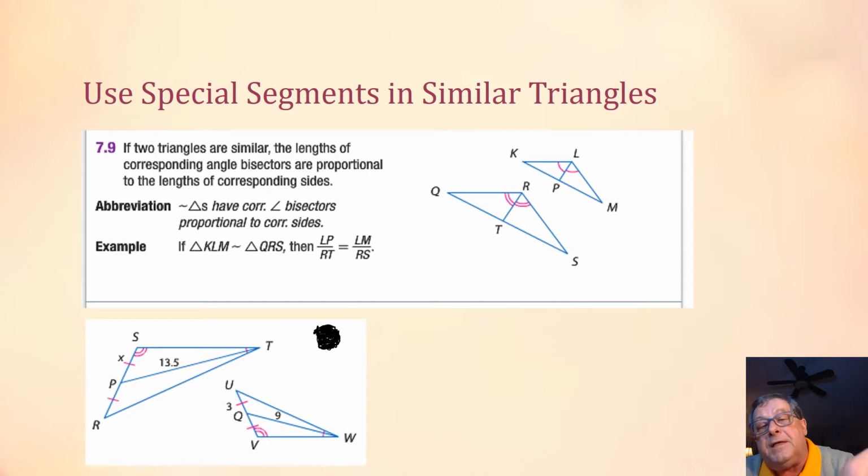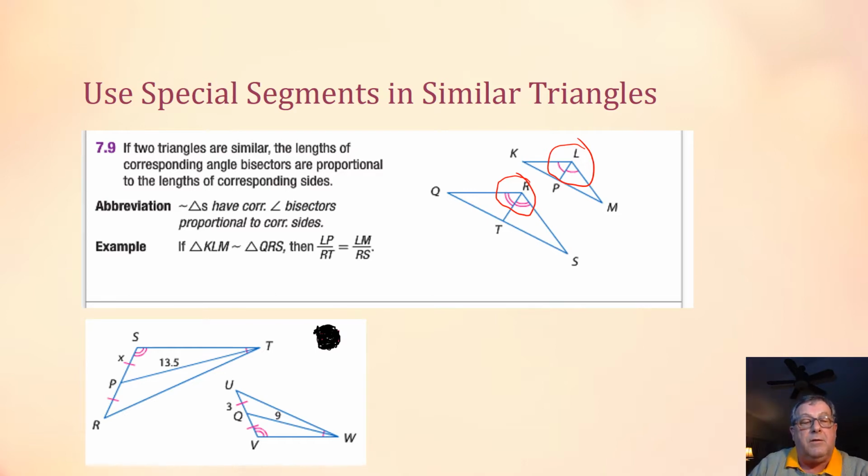Segment LP is an angle bisector because we see congruency between angles KLP and MLP. Segment RT in this larger triangle is also an angle bisector because we see congruency between angle QRT and SRT. So the angle bisectors are proportional to corresponding sides.